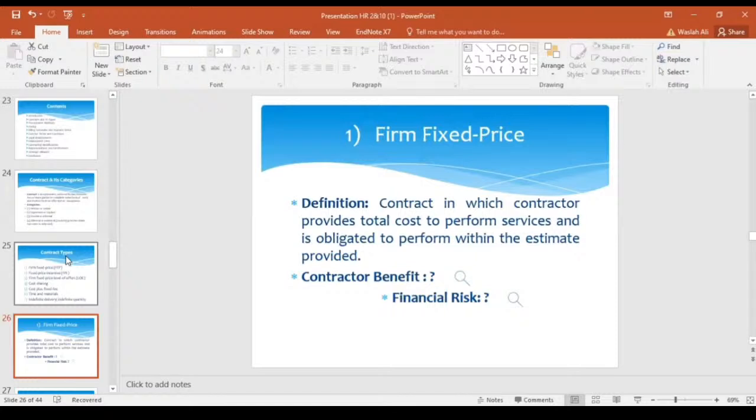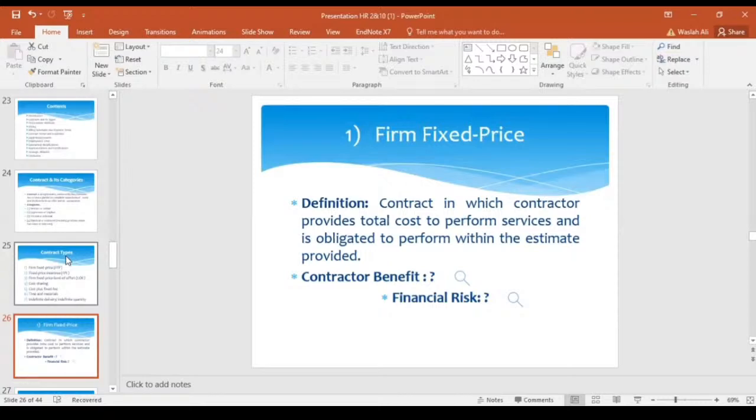Every type has some benefits and some financial risk. The contractor's benefit in this contract type is higher profit if work is done more efficiently, and there is high financial risk if the project is underbid.